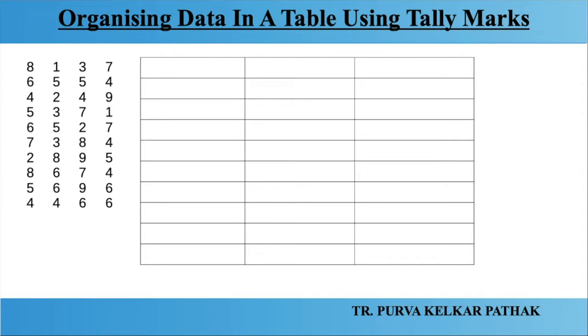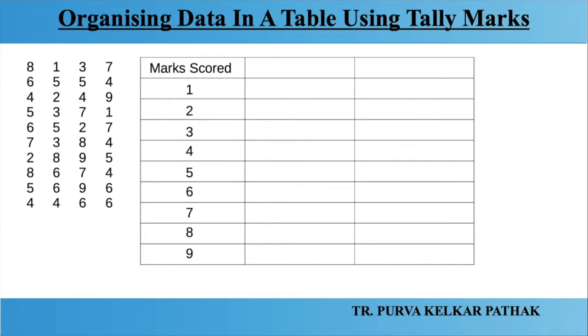Let us arrange these marks in the first column of the table, starting from 1, followed by 2, 3, 4, 5, 6, 7, 8 and 9.